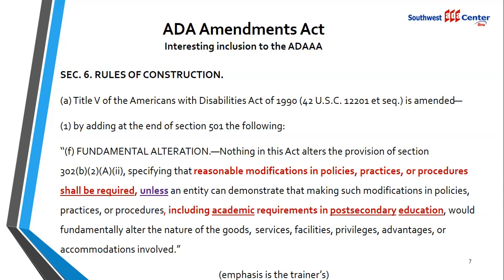So higher ed was specifically mentioned in this amendment.